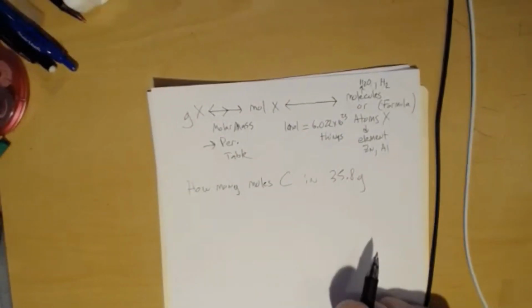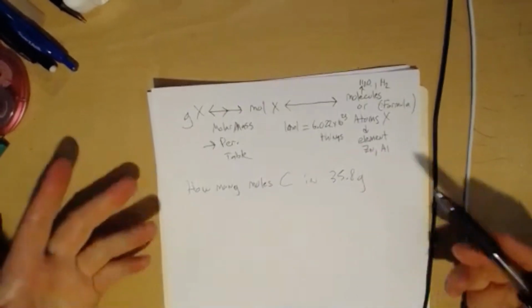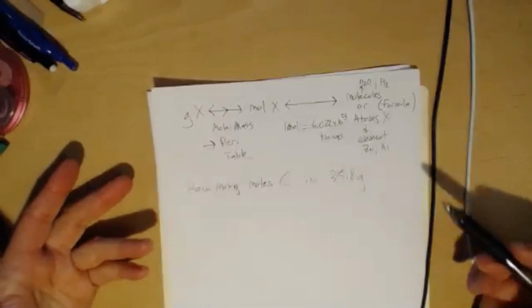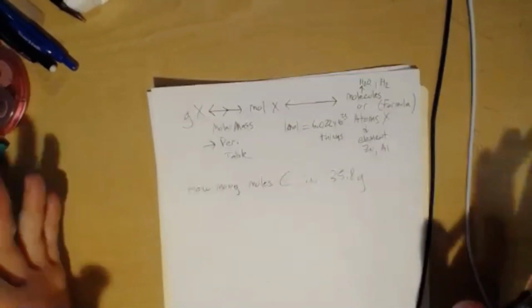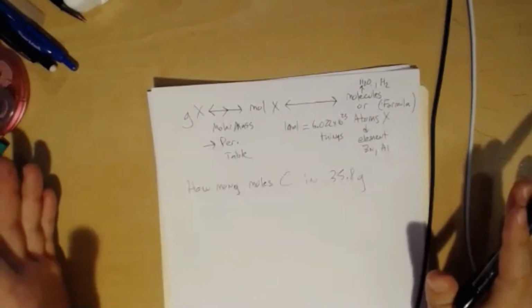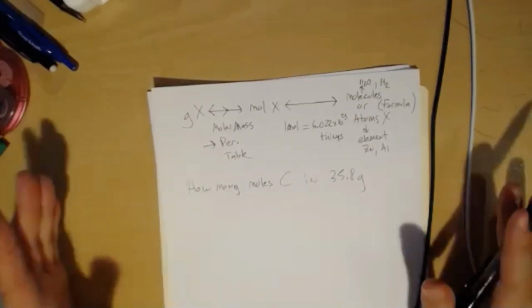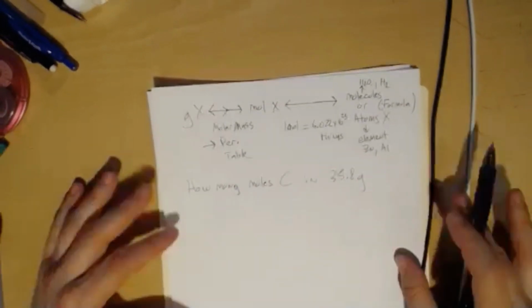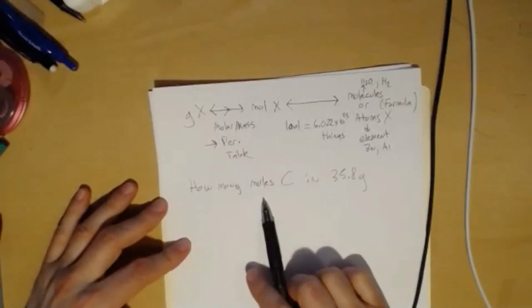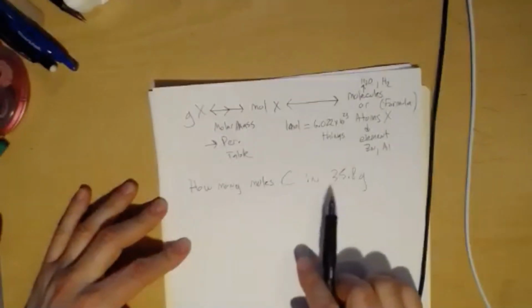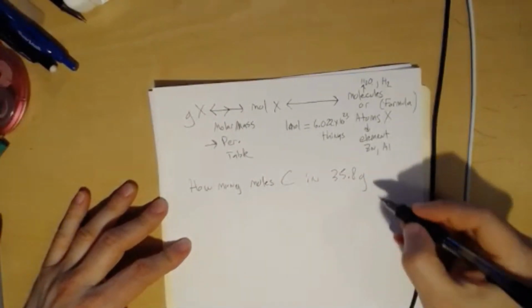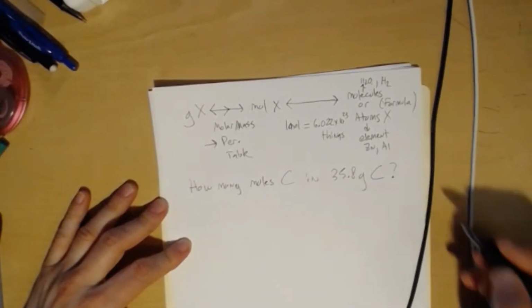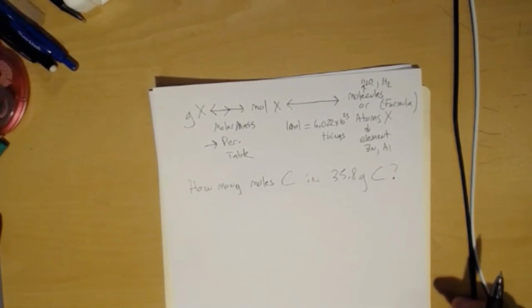I could go back and define this more literally, I'm sure she's talked about this, but I'm just going to show the setup, and I hope that's okay. This lecture is kind of a shortcut to a full lecture period lecture. So how would we go? How many moles of carbon are in 35.8 grams of carbon?